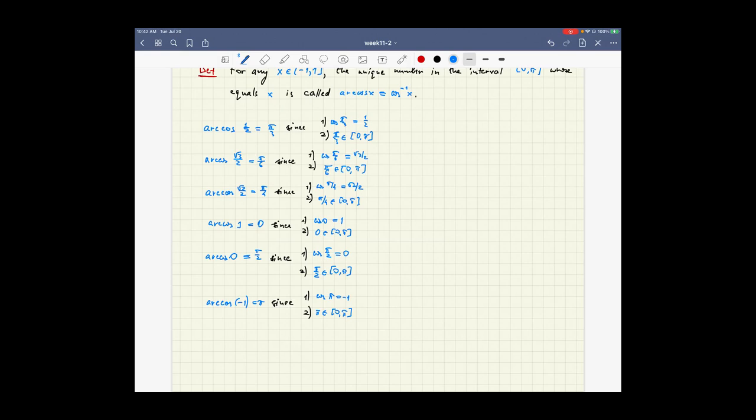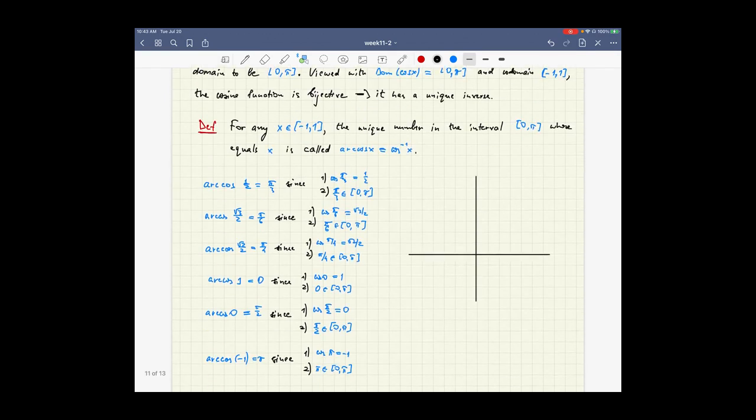Let us draw the graph of arc cosine. Note that arc cosine only takes values in the interval 0, pi. So arc cosine of -1 is pi.